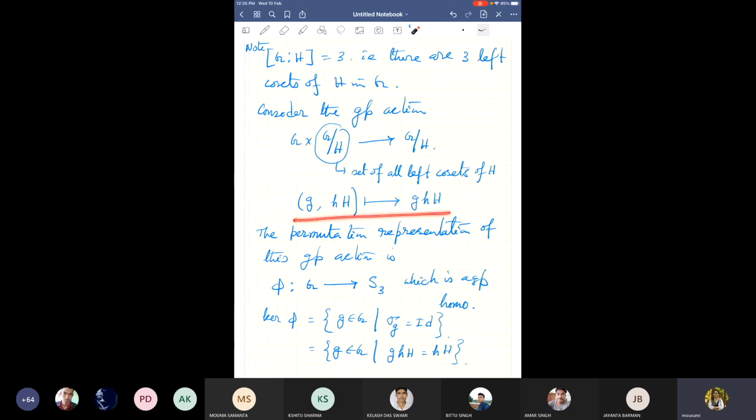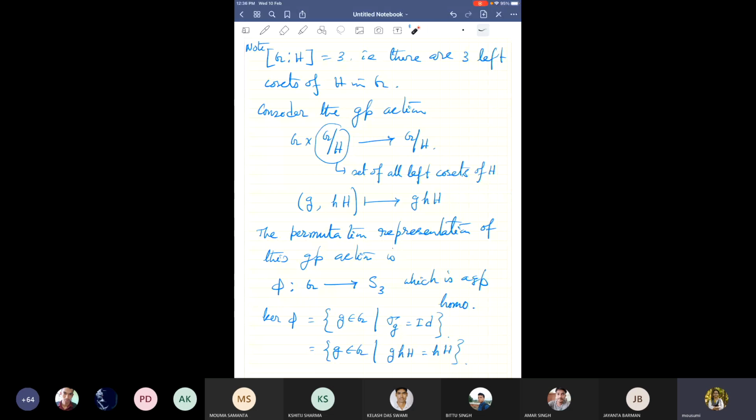Using this group action, I get this map, which is a group homomorphism, by the permutation representation of the group action, from G to S3. So now I have a group homomorphism from G to S3, and the cardinality of G is the same as the cardinality of S3. Now, if I am able to show that this map is injective, then I will get the isomorphism.